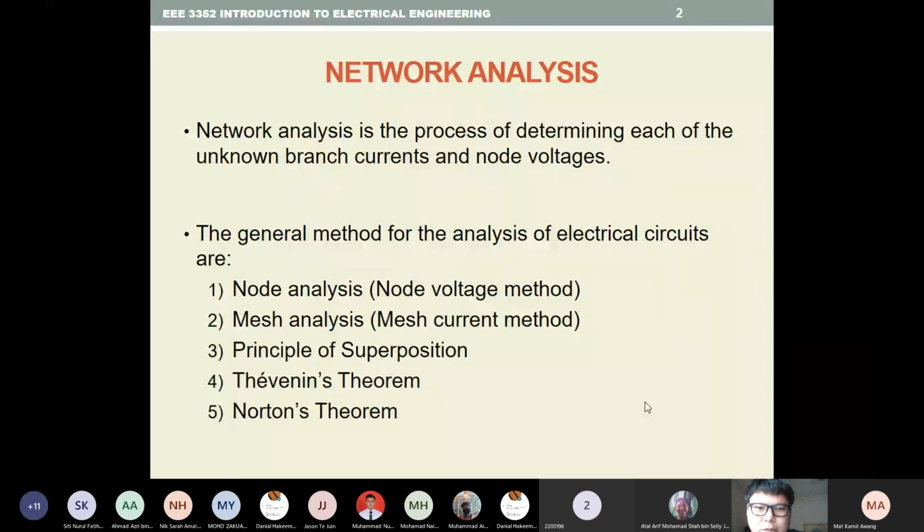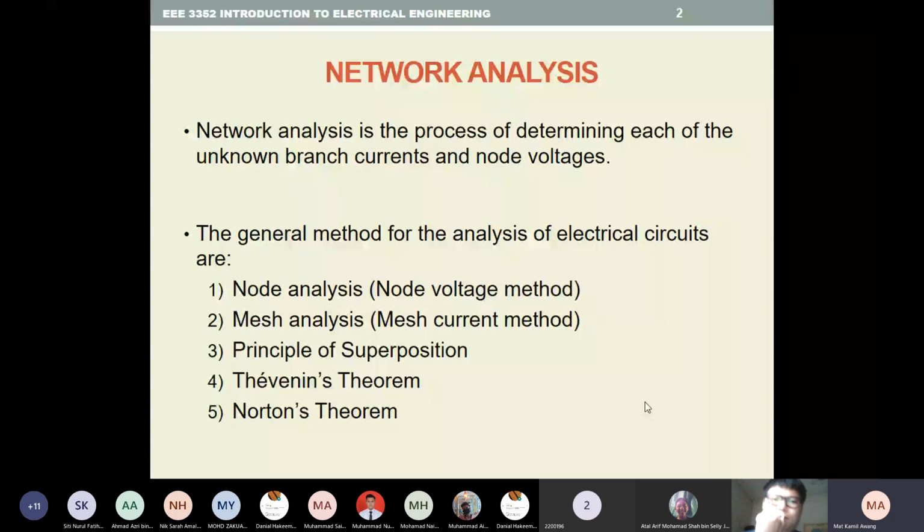Okay, that is a simple definition of network analysis. And this process actually requires a few methods that you're going to use.